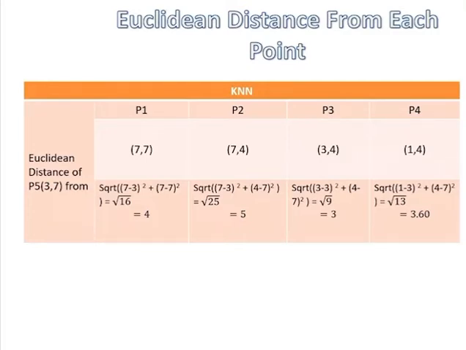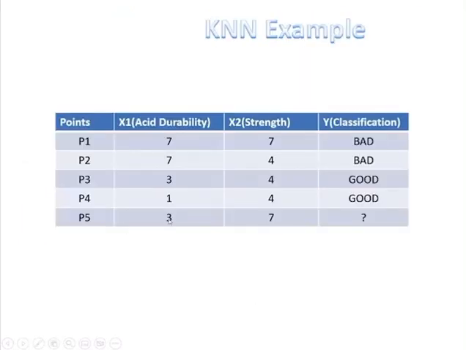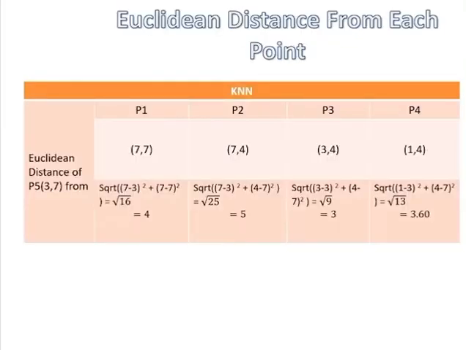So here, this is our data, P1 up to P4, but this 3 and 7 here is the one that we are seeking to classify. You get what I mean? So what we are going to do now is to find the distance.